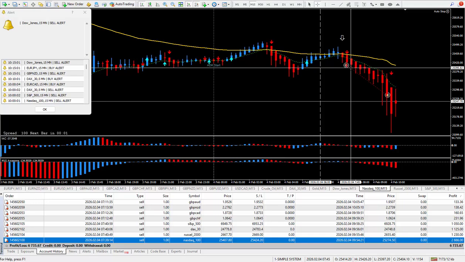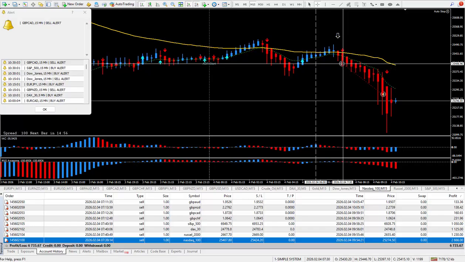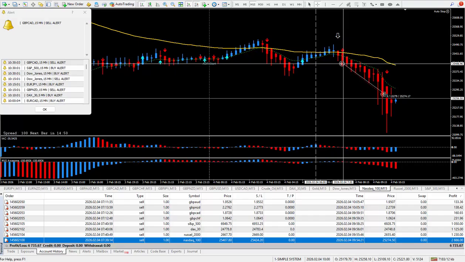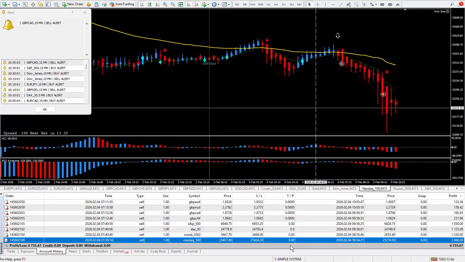It's exactly why I call it the simple system. It's the most simple system I've made, and it works fantastic for me. What did I say? 133. There it is right there. 133, and those ticks paid out $2,666.